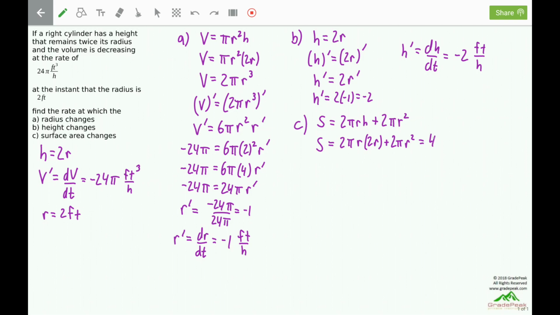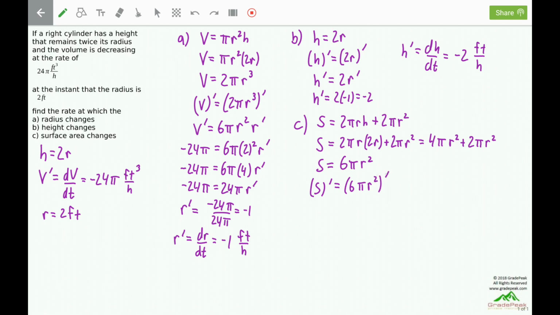That'll give us 4 pi, and then we have an r times another r, r squared, plus 2 pi r squared. And these can now combine together. So our surface area is 6 pi r squared. There's our related variables equation. We can find the related rates equation by taking the time derivative of both sides, indicated by a prime on both sides.